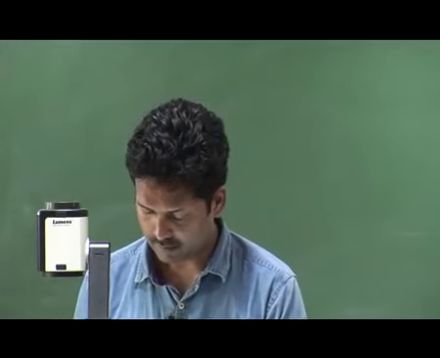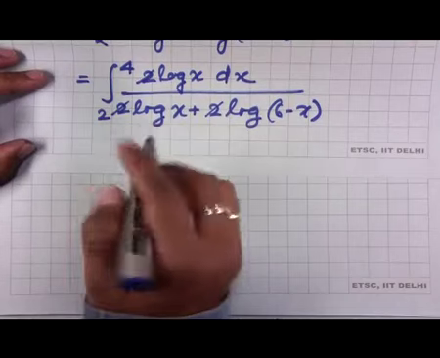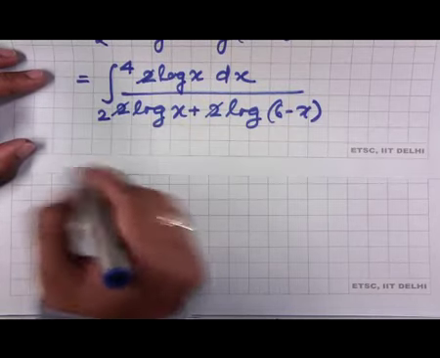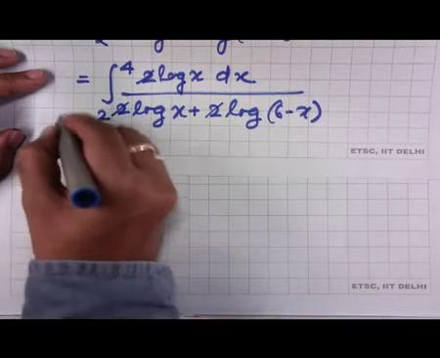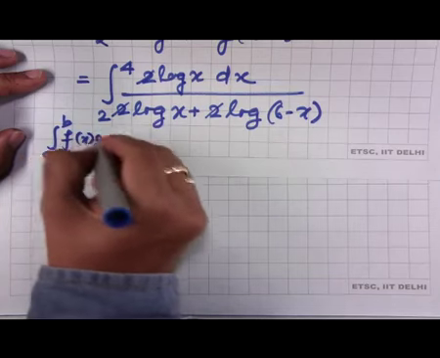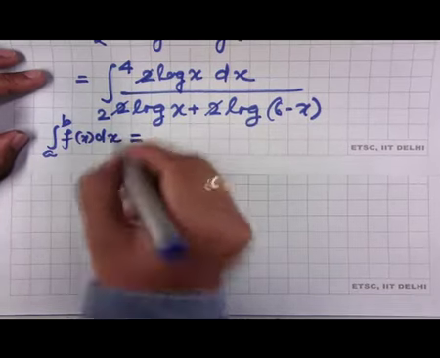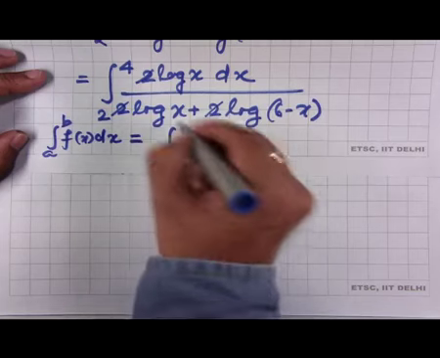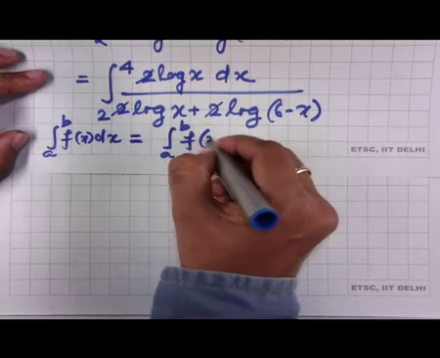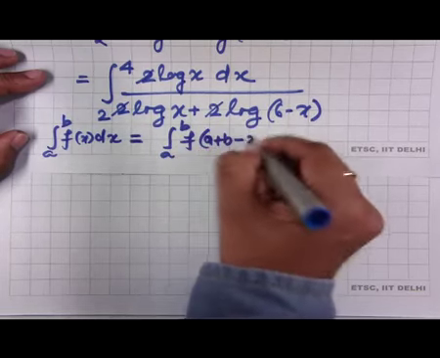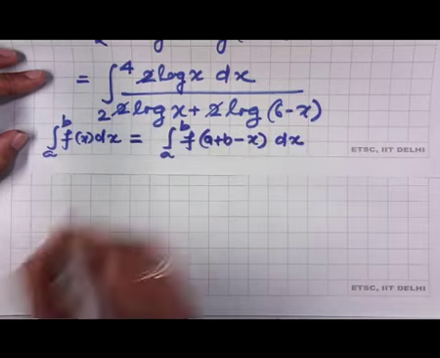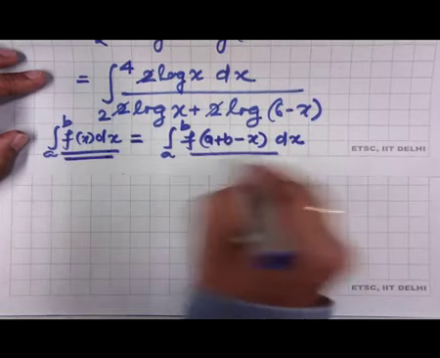So finally we got this integral, and we are going to use this property of definite integral, which says that this value is equal to the integral of f(a plus b minus x) dx. This value of the integral is the same as this value.